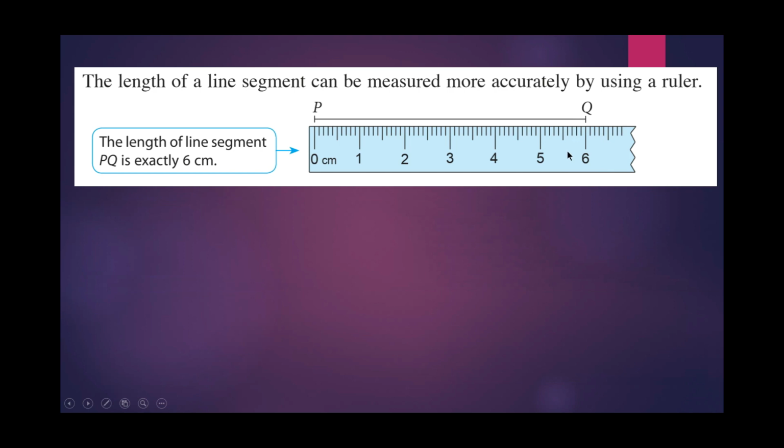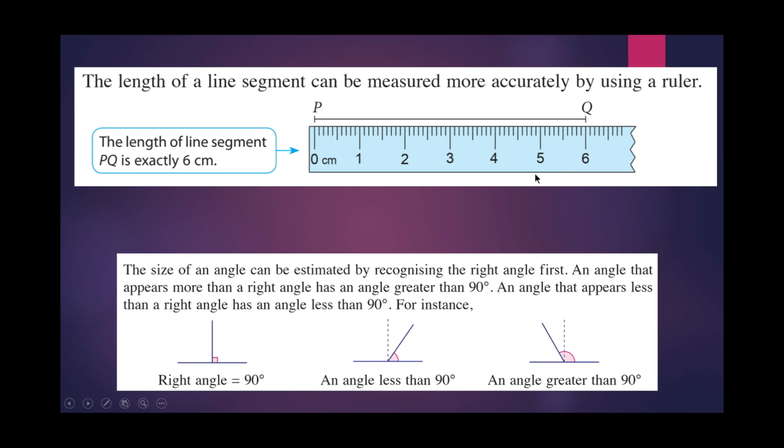We are entering into angle. Okay, the size of an angle can be estimated by recognizing the right angle. So you know that this is a right angle. The rest of the size you will be able to identify. For example, this angle over here, you will know that it is this much. So when you compare with the right angle must be vertically on top of the horizontal line.